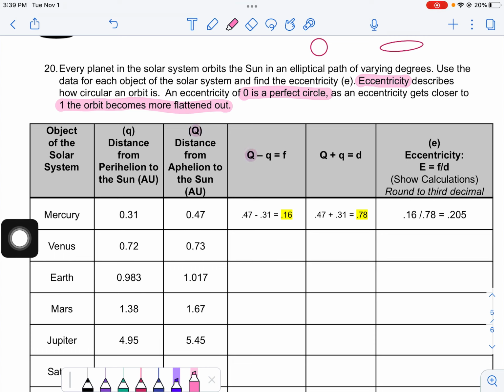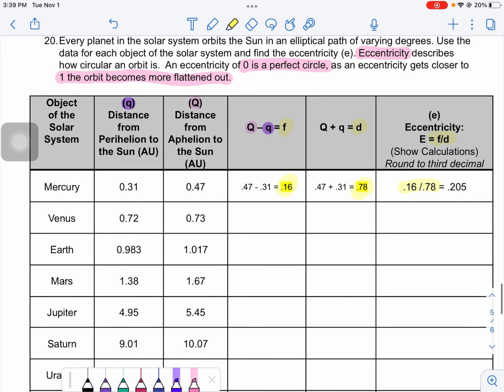The big Q is this data table or this column, where the little q is this column. And once you get those calculations completed, you are using those two new values to generate your eccentricity. And then again, observing that to see how close it is to a circle, 0, or 1 ellipse.